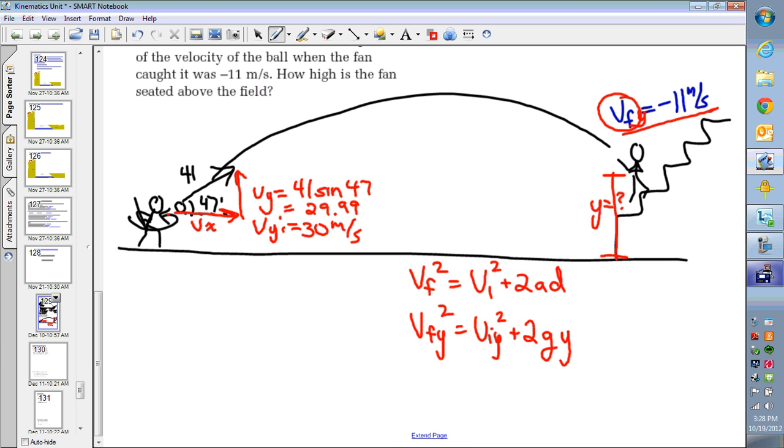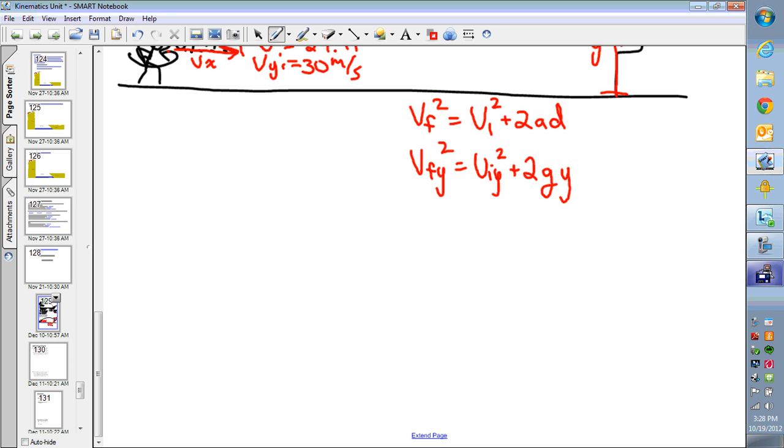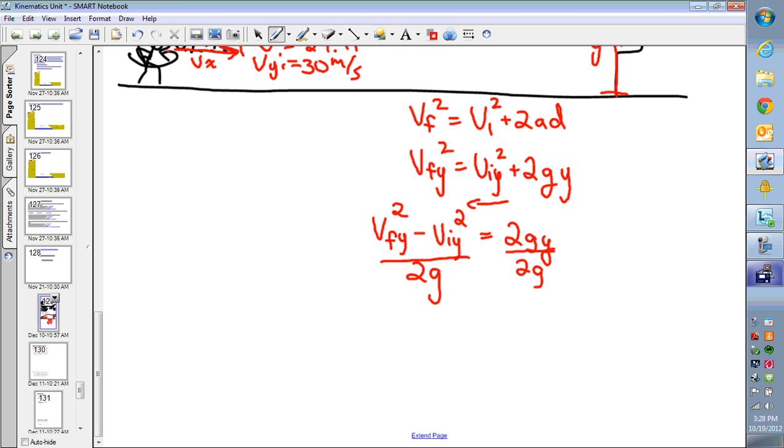It's the height. It's the position. So if we're going to rearrange that and solve for y, I'm going to take VIY over and subtract. So VFY squared minus VIY squared is equal to 2GY. Then we're going to divide both sides by 2G. And that will leave you with just y. So y, the height, is equal to VYF squared minus VIY squared over 2G.